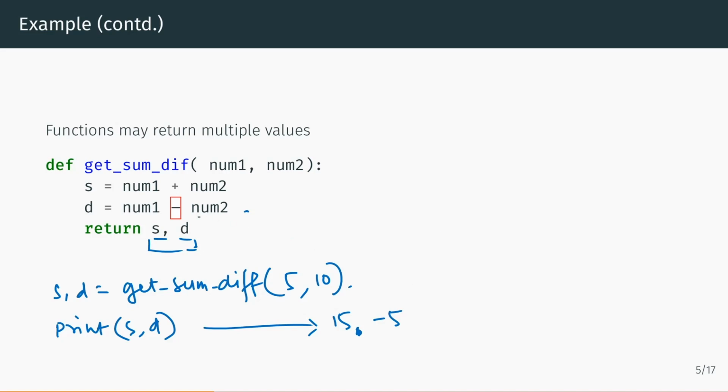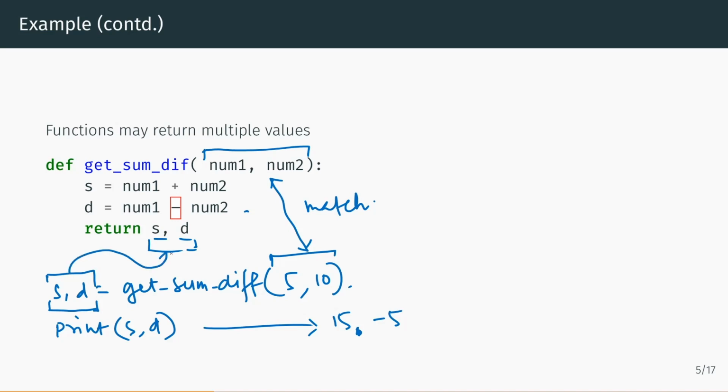Just like the arguments that you pass to the function must match the function definition itself, the function takes two numbers, so you also must pass two numbers. In order to use these values, this will also match.